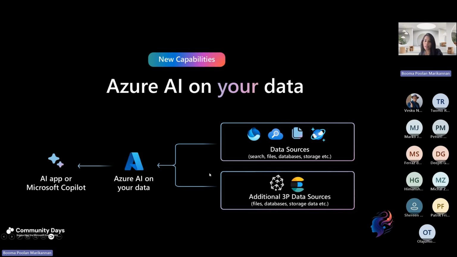our data. Right? It's not just some random data. It could be your enterprise data, your organization data sitting here, and you can make use of your Azure AI services. So here, I would like to discuss how AI apps or Microsoft Copilot can be integrated with various data.